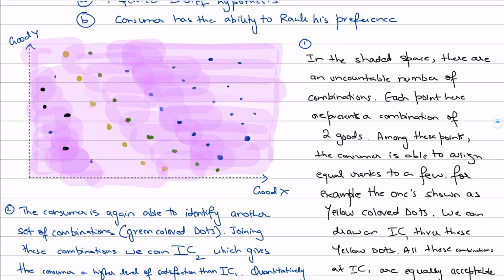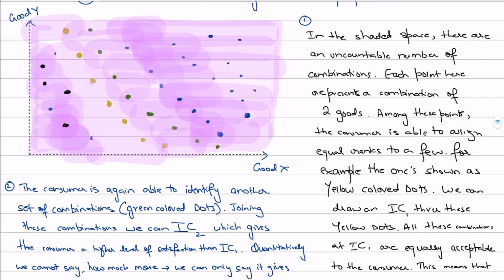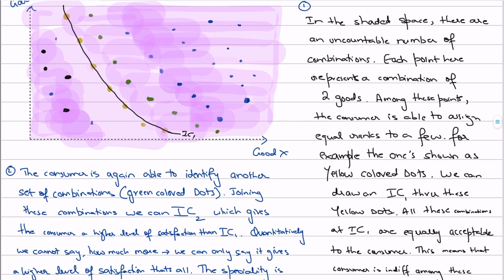For example, if you see the yellow colored dots, we can draw our first indifference curve. If we join all these together, this is how the indifference curve would look. IC1, right? All the combinations on IC1 would represent the same satisfaction, equally acceptable to the consumer, and the consumer is indifferent, right?